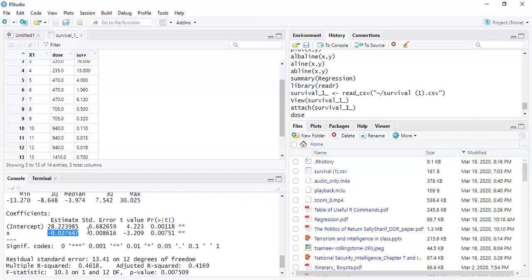So for every more unit dose of this radiation, there's this much less survival. And it's negative. If it was a positive correlation, we obviously wouldn't have the negative. That is a practical number that we should be seeing with every dose: this much less chance of survival for the rats.